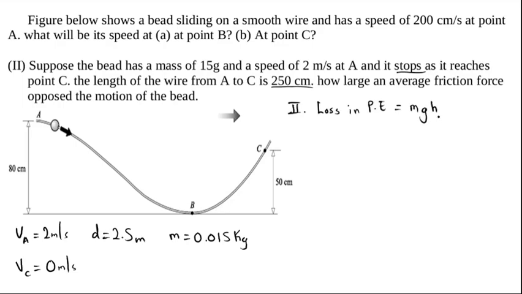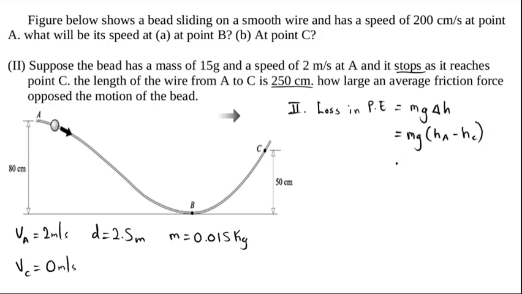Now this h is the difference between two heights. So let me just say, change in height. So this will be m times the difference in the two heights. We know that A is higher than C. So I'm going to say the height at A minus the height at C.